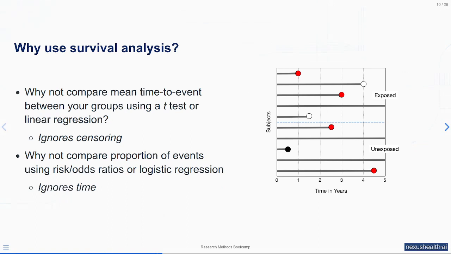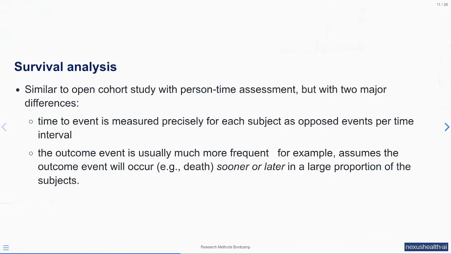A second approach that could be tried would be perhaps to compare the proportion of events using risk or odds ratios or logistic regression. This is an approach that is commonly used, but the drawback with this is that it ignores time. And so these two approaches would give biased estimates because they ignore censoring and they ignore time.